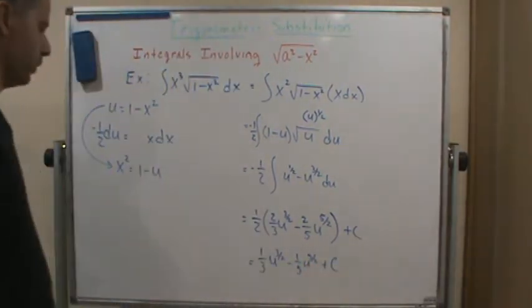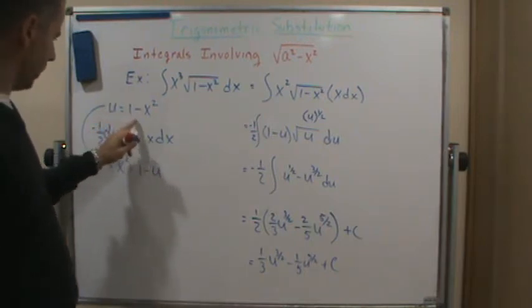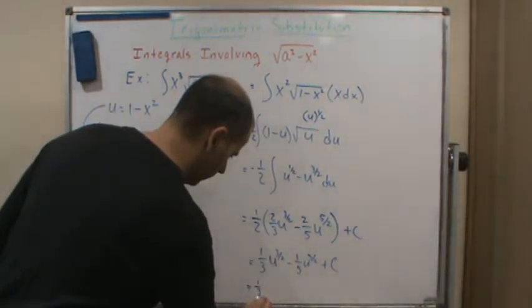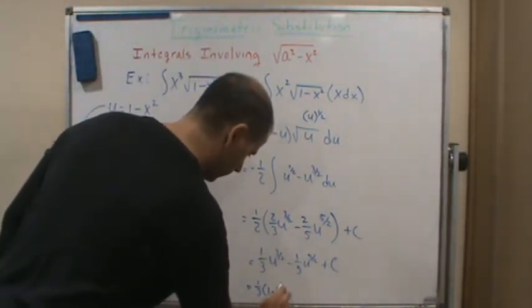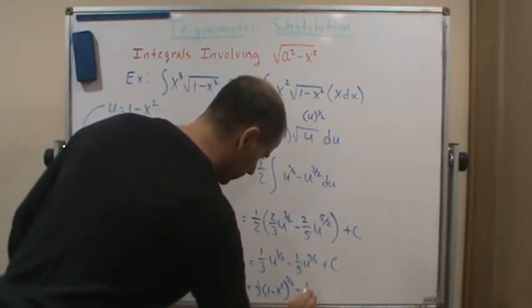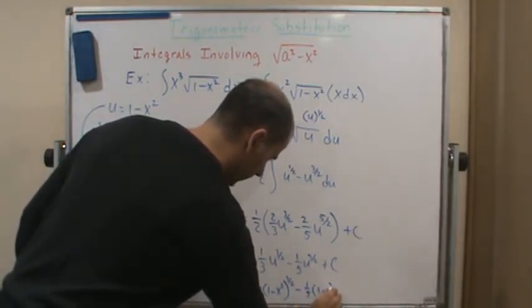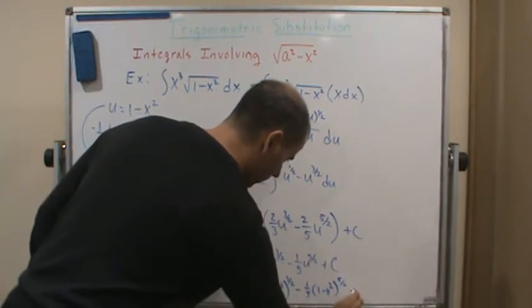And then now I just put my x back in. Well, what's x? Or excuse me, what's u? 1 minus x squared. So this becomes 1/3 times 1 minus x squared to the 3/2 minus 1/5 times 1 minus x squared to the 5/2 plus c.